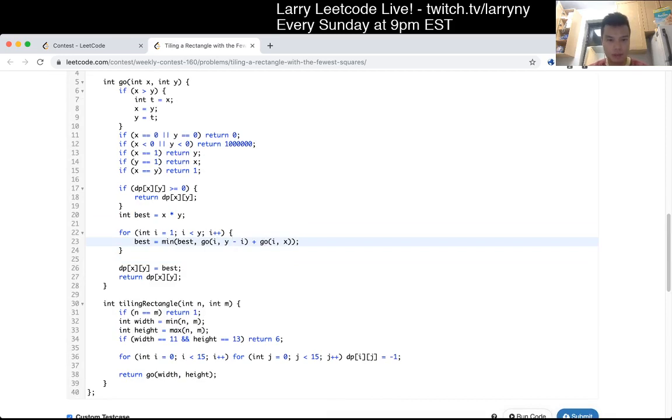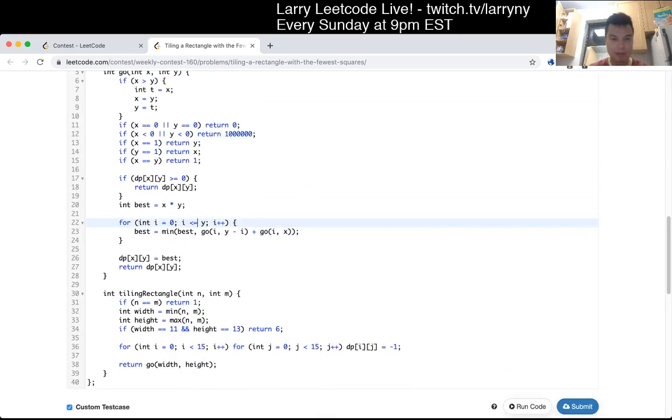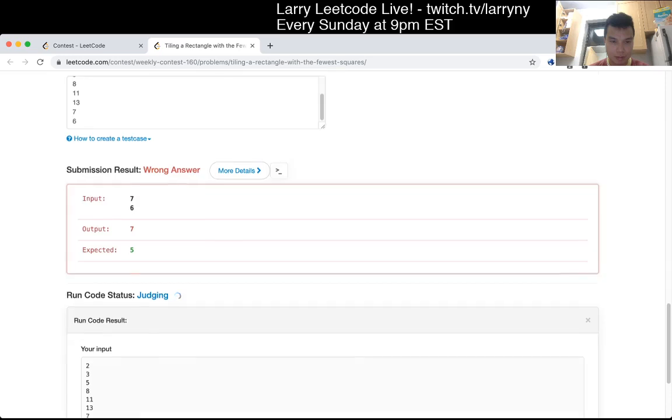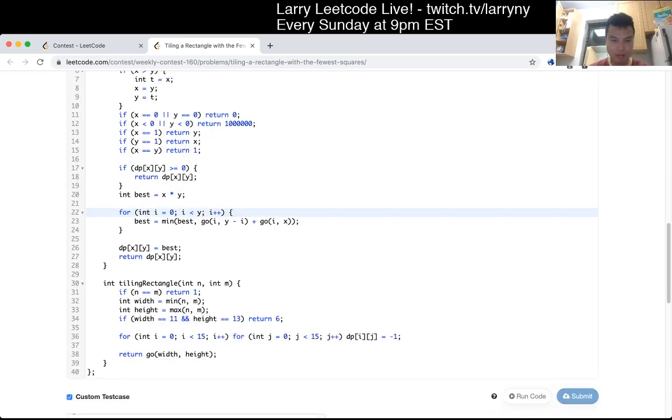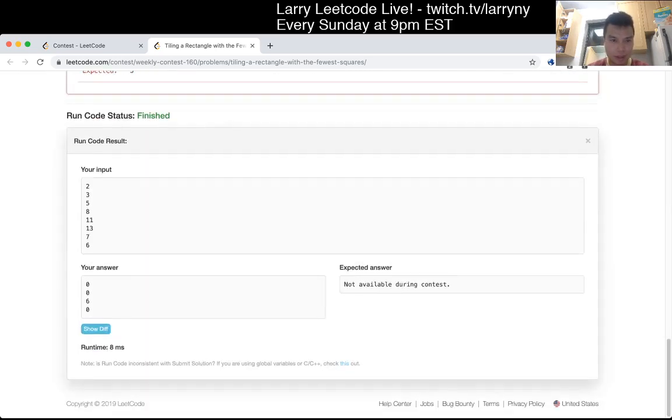Oh. So now it just gets into an infinite loop, so maybe not. Yeah, this doesn't make sense.